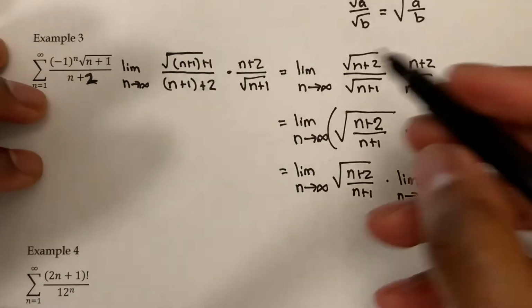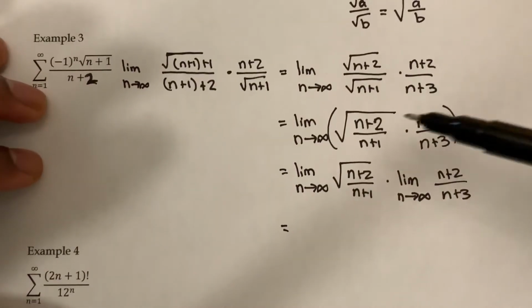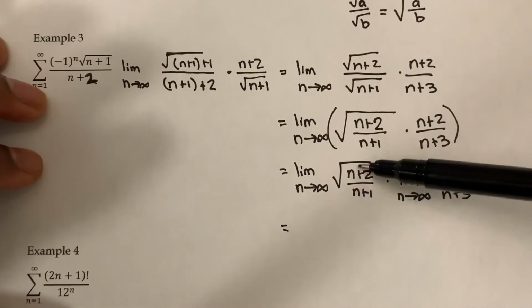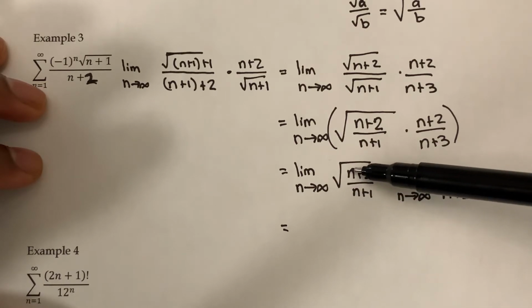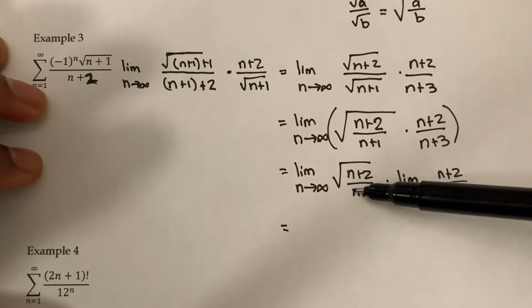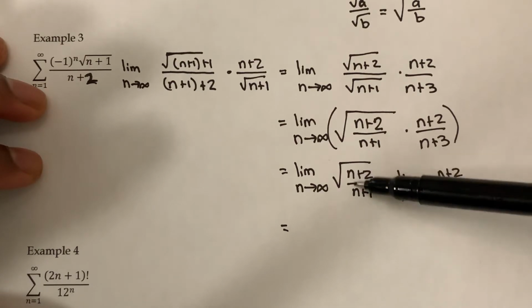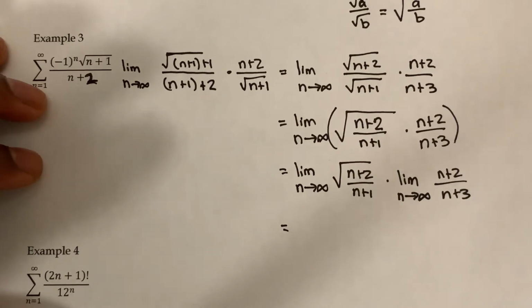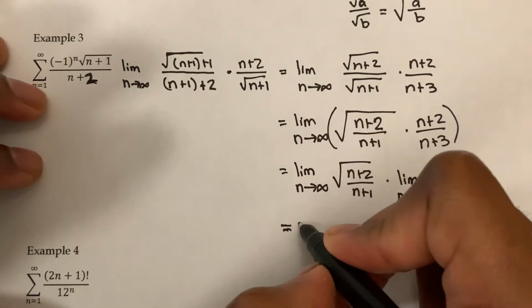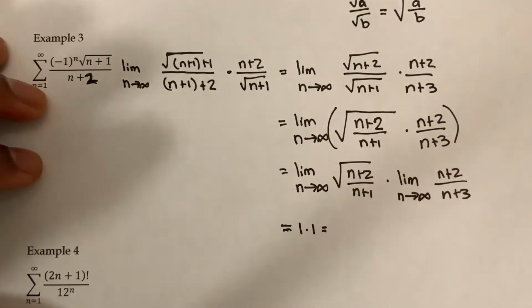But that's just unnecessary. What actually happens is when n goes to infinity, you can ignore the square root. Really, you have the degree of the numerator equals the degree of the denominator. So the limit is the ratio of the leading coefficients. So this limit is 1 and this limit is 1. So we end up with 1 times 1, which equals 1.